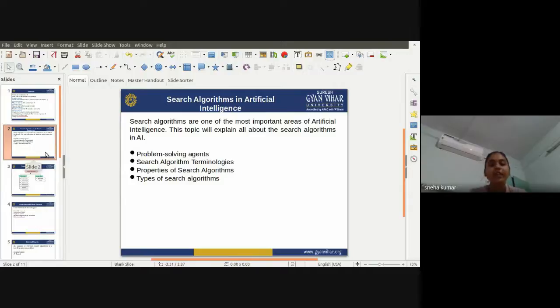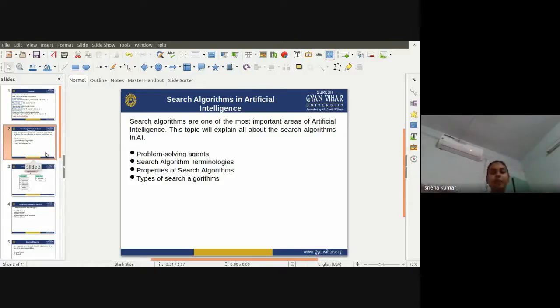The first term is search. What is the meaning of the word search? Searching is a step by step procedure to solve a search problem in a given search space. A search problem can have three main factors: first, a search space; second, a start state; and third, a goal state.